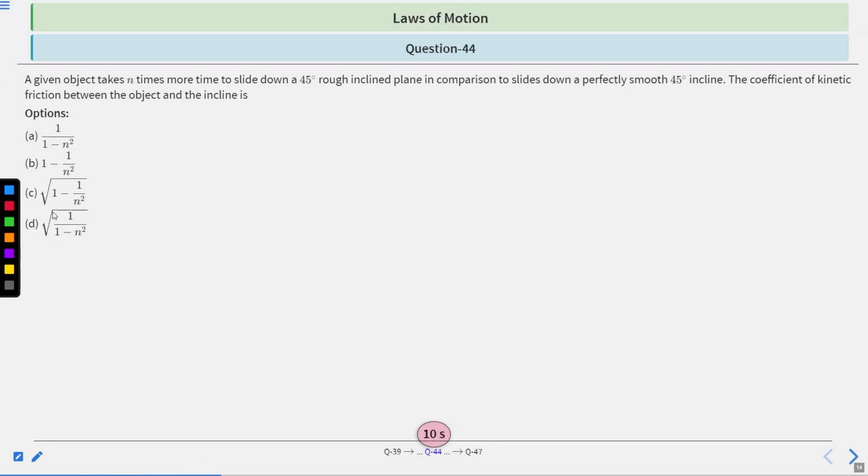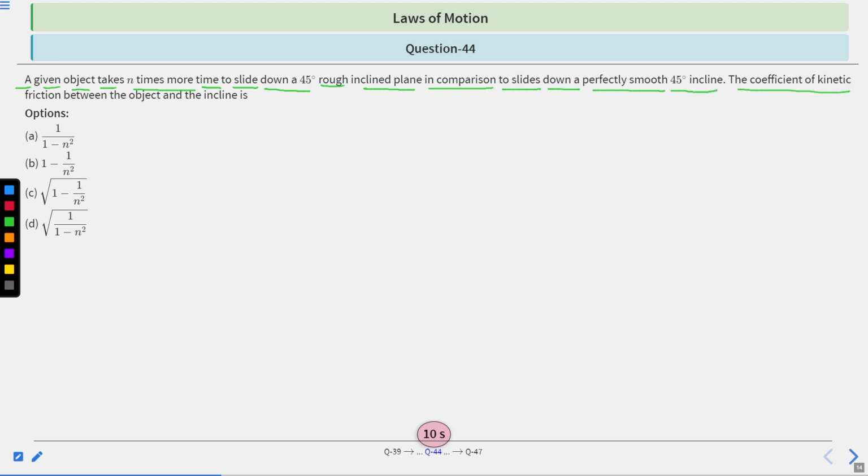Next question. A given object takes n times more time to slide down a 45-degree rough inclined plane in comparison to sliding down a perfectly smooth 45-degree incline.